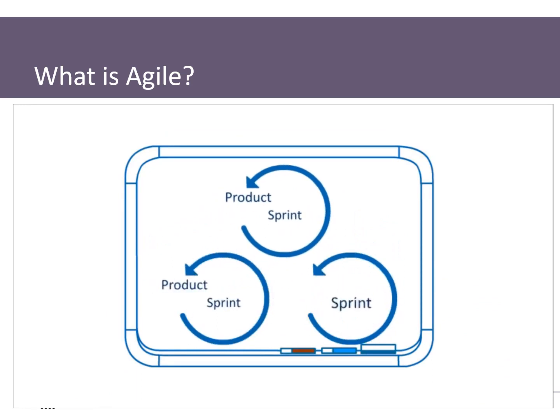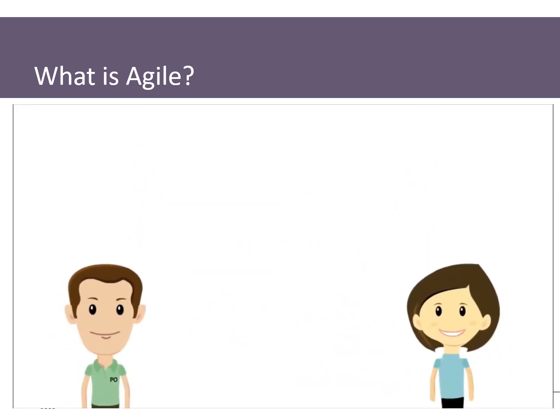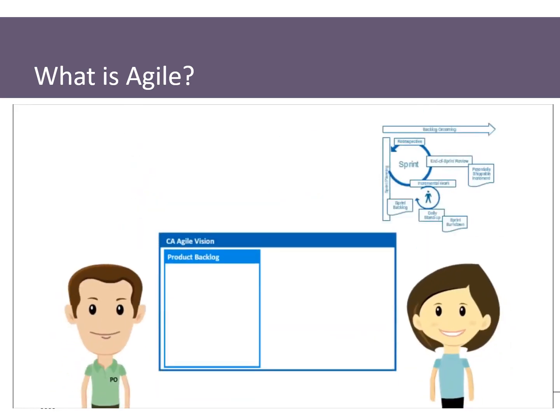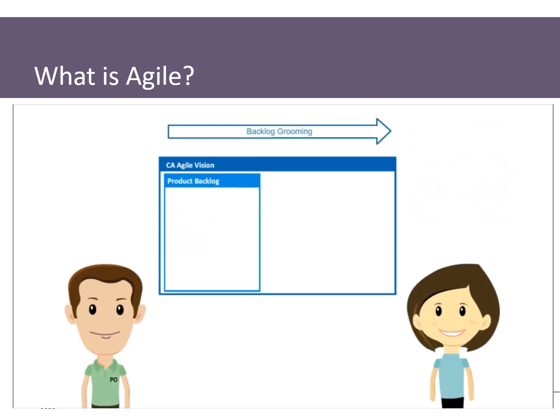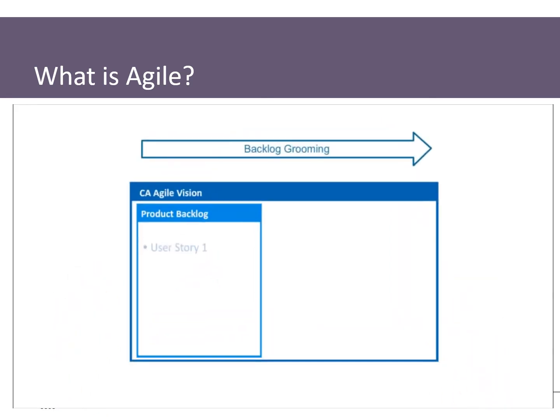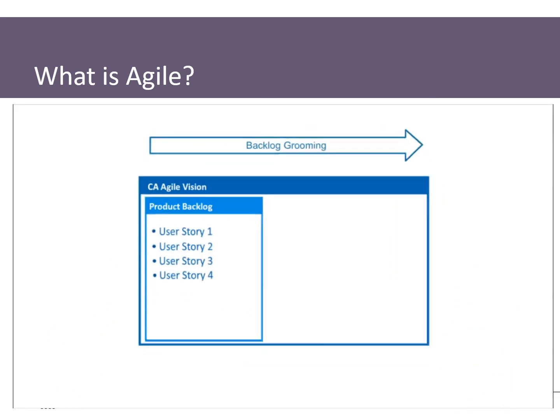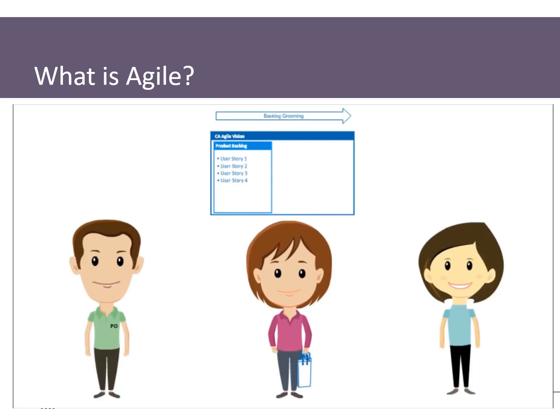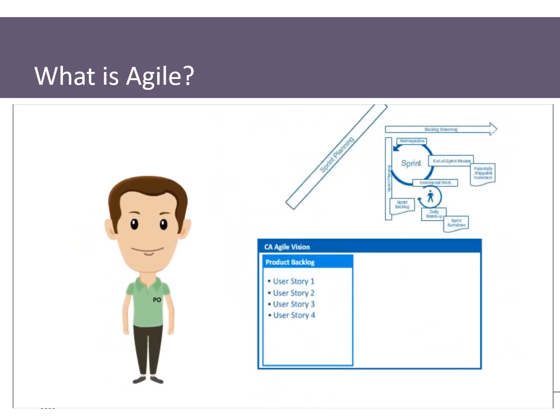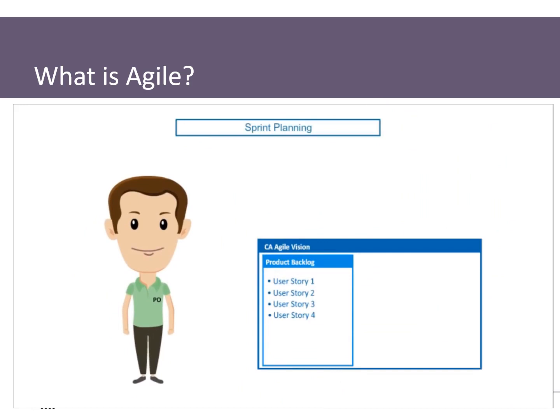Each sprint after that will improve the website a bit more, incrementally building on top of each other. Prior to the first sprint, Rajesh meets with Mary. They use CA Agile Vision to document and manage her requirements in a product backlog. The product backlog outlines the project's timelines and priorities. Managing the product backlog is called backlog grooming. Requirements in Agile are called user stories because they are focused on what the customer or user needs. They are presented in a canonical form that emphasizes the customer. Once the product backlog is fully groomed, Rajesh starts a sprint planning meeting.